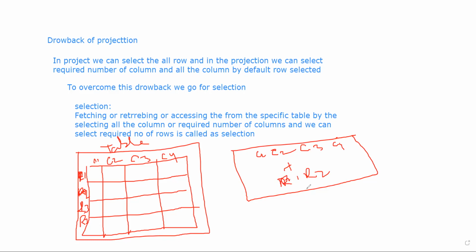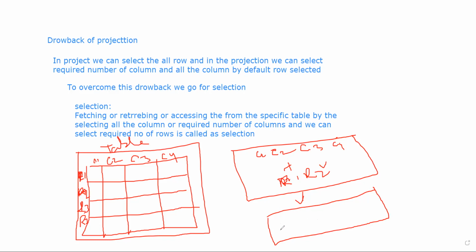And there is one more example and one more definition. We can select the required number of columns, and we can select the required number of rows. Required number of rows is done, and all the columns also.